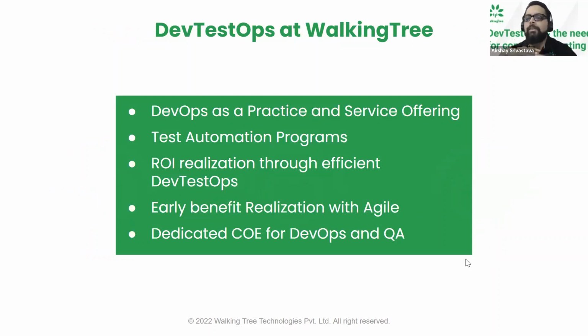So I would like to take the next few minutes to talk about how we have DevTestOps implementations in Working Tree. So like I mentioned earlier, we have been practicing DevOps in Working Tree for many years. And we have been able to create a very successful team of DevOps practitioners, engineers, and architects within Working Tree.